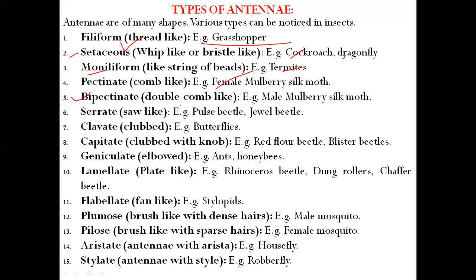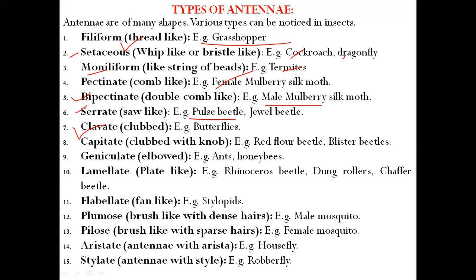Bipectinate is a double comb-like structure on both sides of the antenna, for example in the male mulberry silk moth. Serrate is a saw-like structure, as in the pulse beetle.